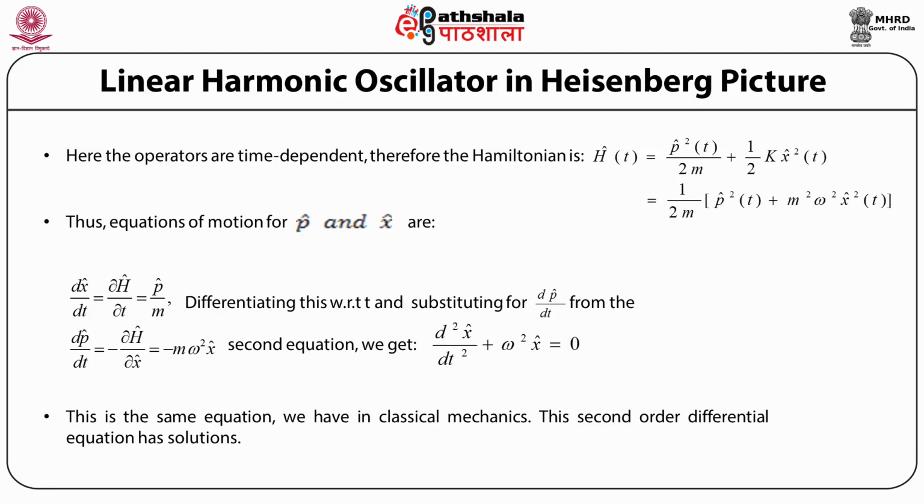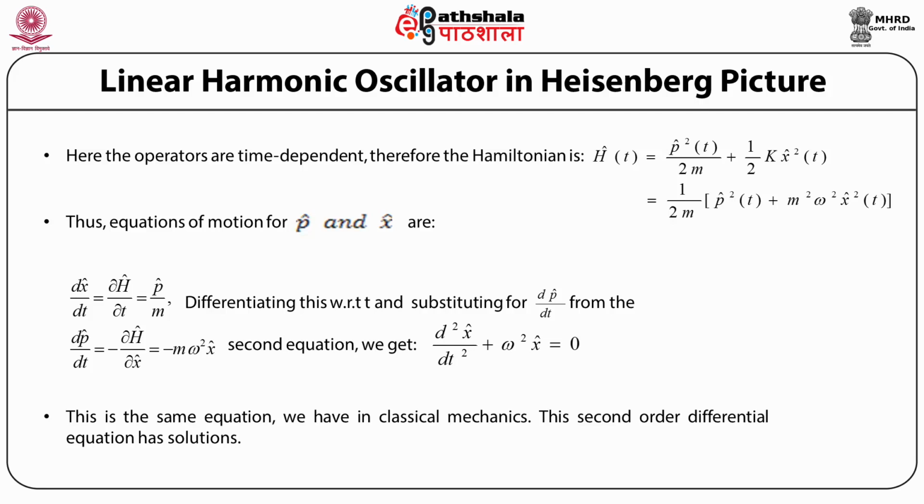Similarly, the time derivative of the momentum operator p is equal to minus the partial derivative with respect to the position operator of the Hamiltonian operator h, and this is equal to minus mass times the square of the angular frequency times the position operator x.